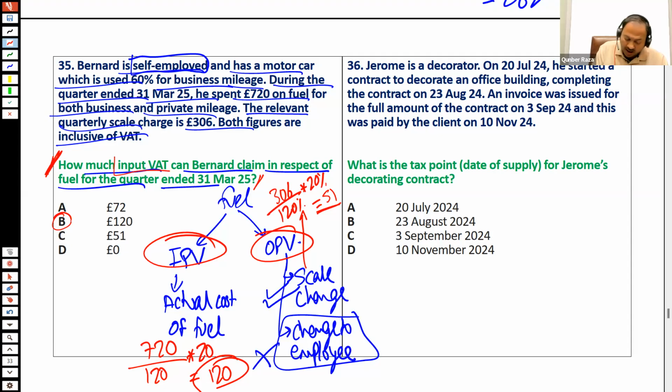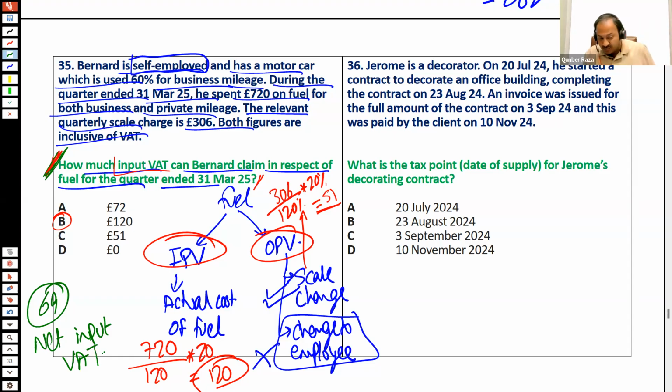okay, so Kamal, to answer your point, if it is to be 69, then in the requirement the wording used would be net input VAT. Unless the words net input VAT are mentioned, you are generally supposed to respond with the gross output or the gross input amount. Net means output minus input, right?